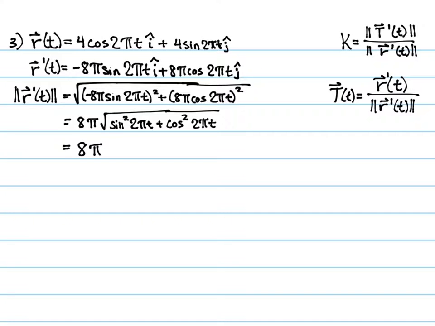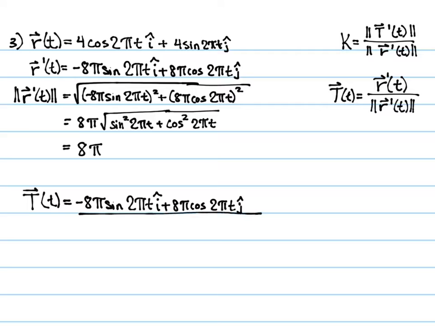Well, that's very nice. Not only that, but then to find my T value, I would take the r value I started with right here, r prime rather. I'll copy it out. And then divide it by 8 pi, you're right.